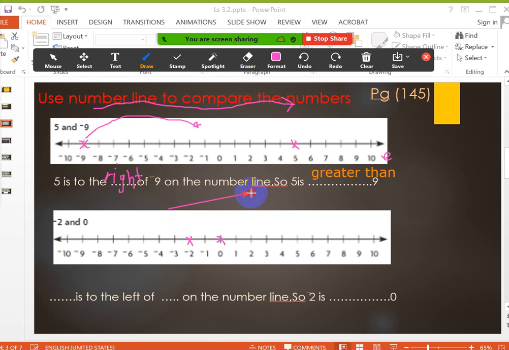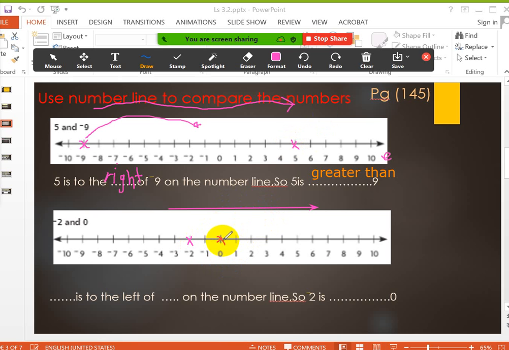The strategy told me when the numbers go to the right side, the number becomes greater. So when I go to the right side, the numbers become greater. Which one is greater? 0 or negative 2?